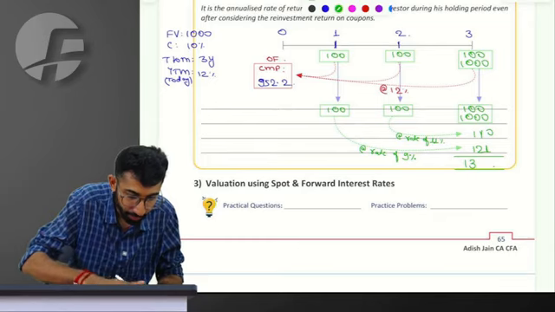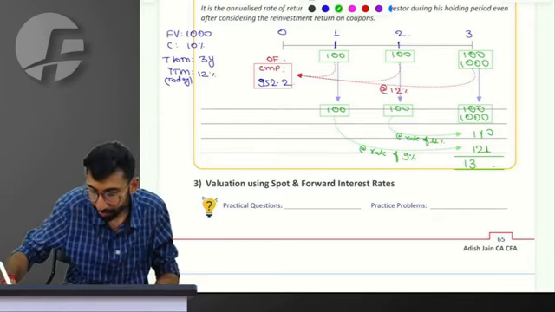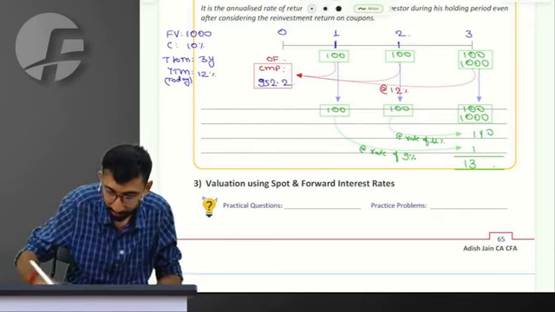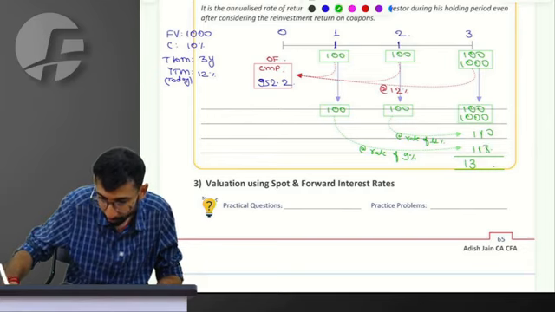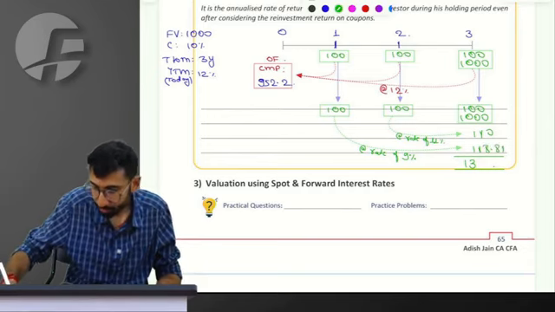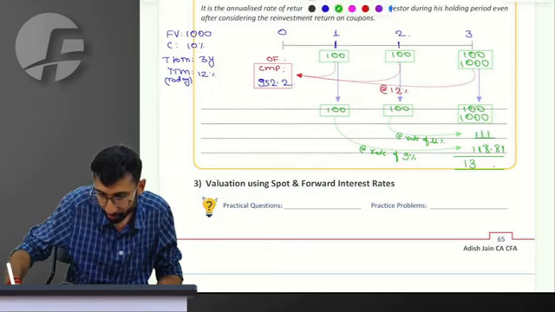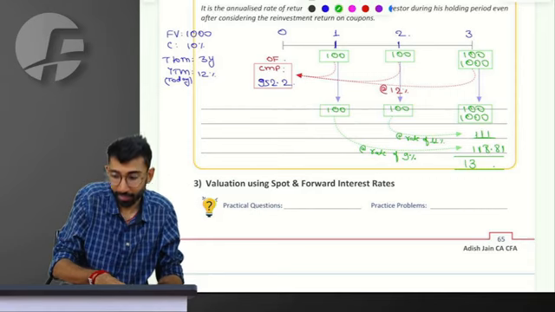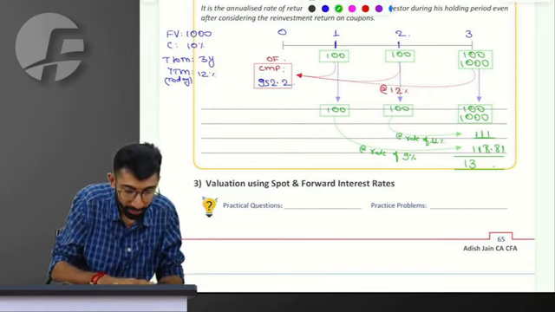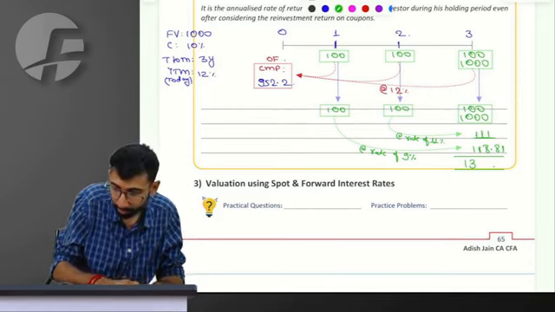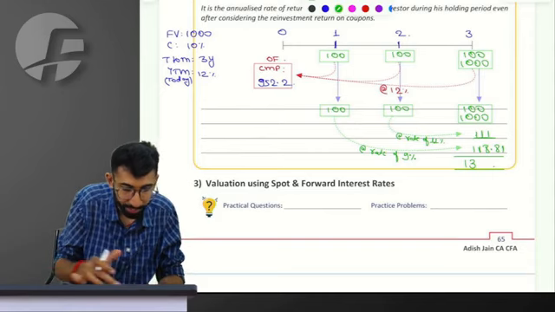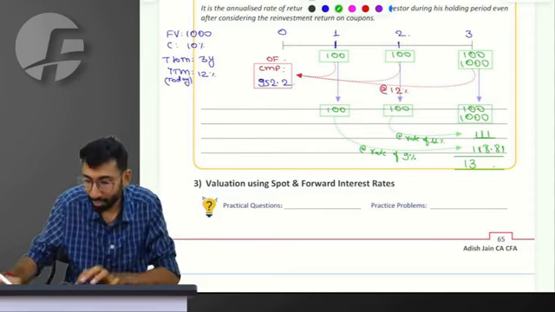So 100 plus 9%, plus 9% was 118.81, which is fine. Similarly, this amount will be 111. And the total amount I will receive back is 1000 plus 100 plus 111 plus 118.81, which is 1329.81.